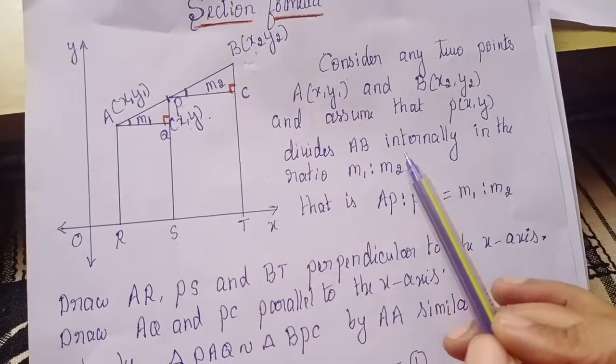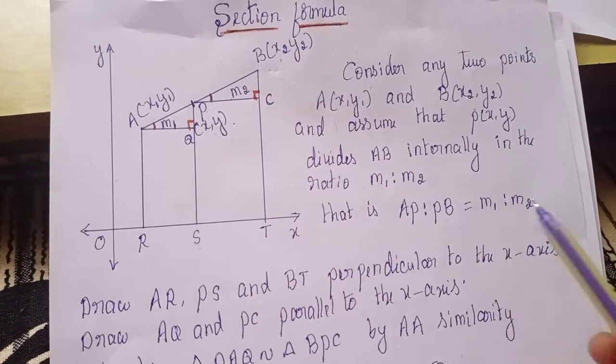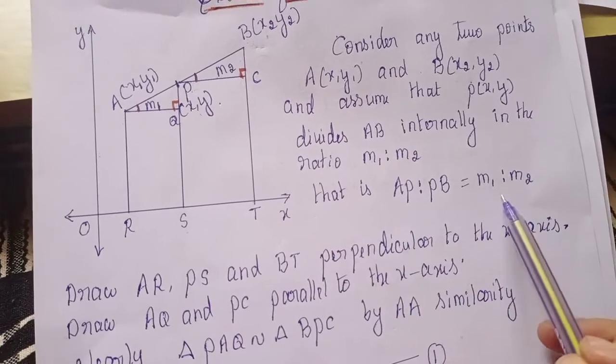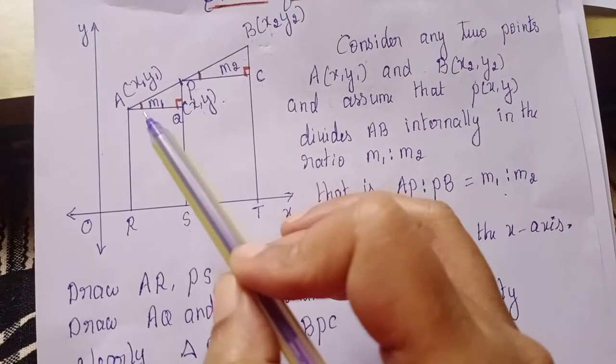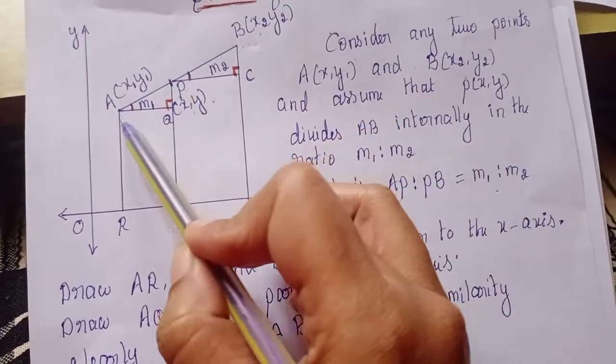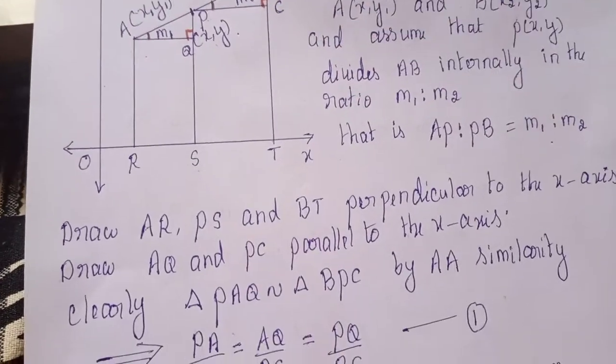Why internally? Because external division you learn in higher classes. So given AP is to PB is m1 to m2. For the derivation we need the points A, P and B and also the ratio. So let us start how to derive.